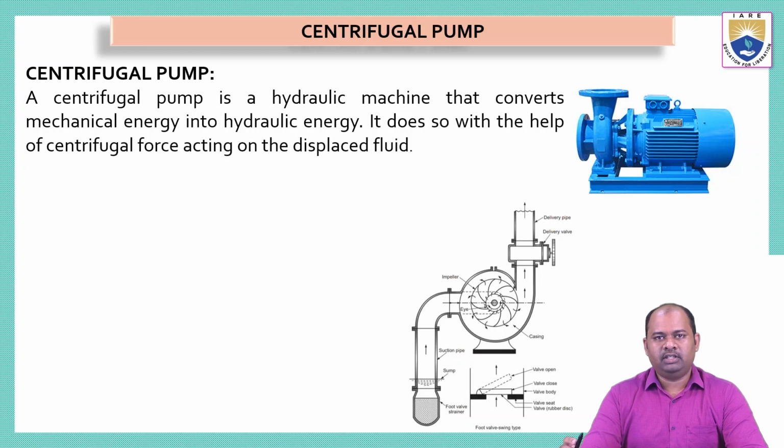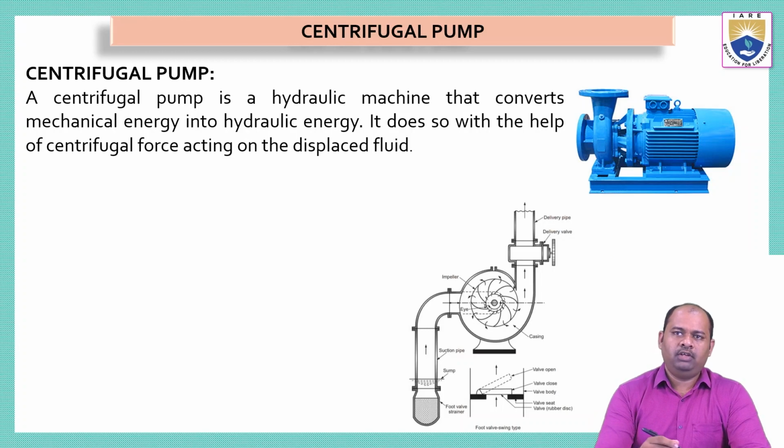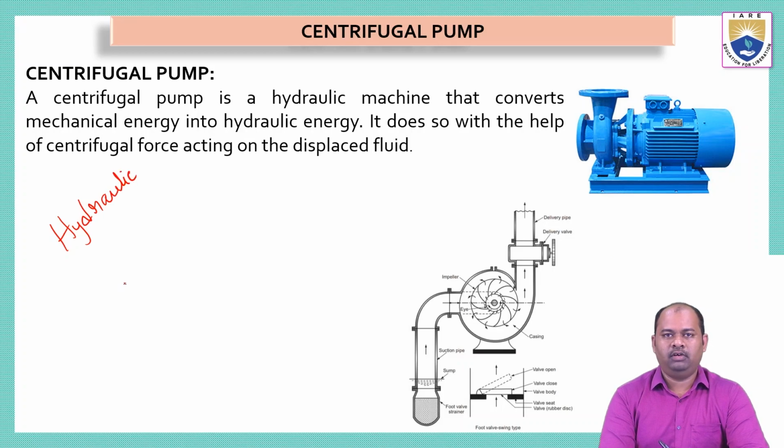So far in the previous lectures, we have studied how a hydraulic machine will work. First of all, we will try to remember what is a hydraulic machine. A hydraulic machine is a device which converts one form of energy to hydraulic energy, any kind of energy.